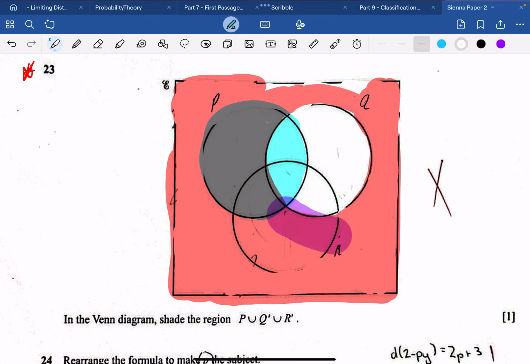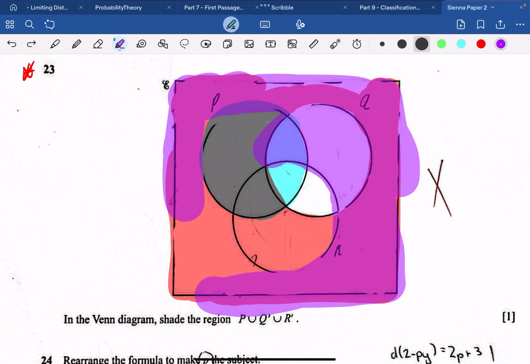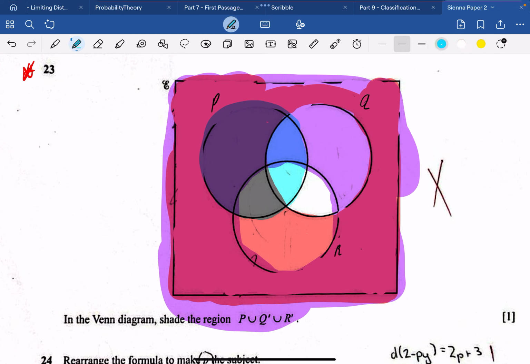Not R is all of that. All of this. Anything that's not R. So we see every bit has been colored in except this bit here. So this is the only bit you leave untouched for this Venn diagram question.